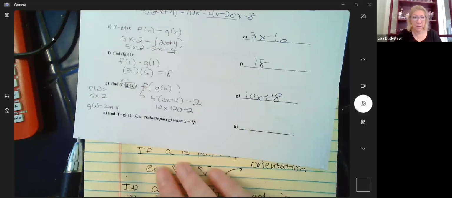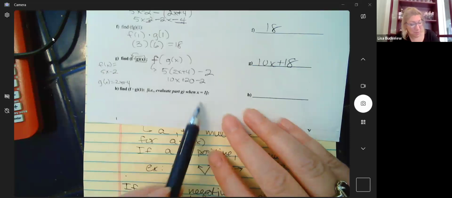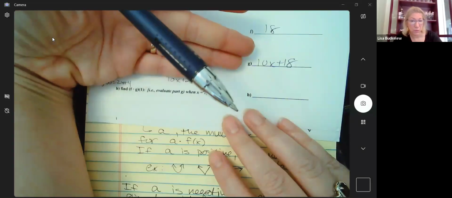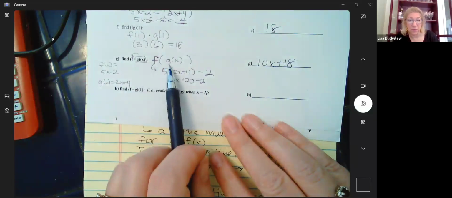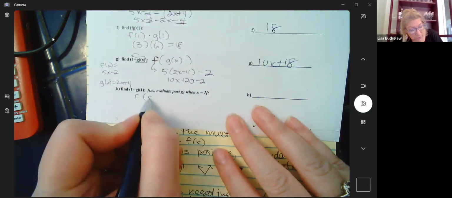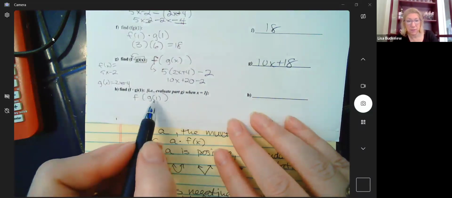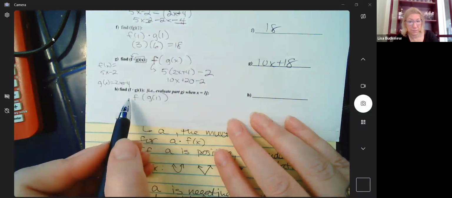Okay, now I have a hint on part H, but it doesn't have to be done the way that I said it, because it might be the case that I just ask you to compose with a number and I don't have you do the general case first like this, but it's the same idea. We have g of 1 is what's going to be used as input to the f of x function.